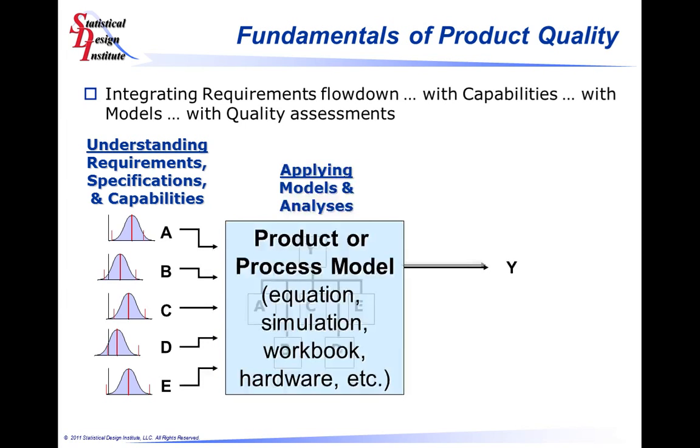Now, to analyze our response, Y, for this result that we're looking at, we need a model. The model can be an equation, it can be a simulation, it can be an Excel workbook, hardware, whatever it may be, but it is something that will allow us to manipulate the parameters, in this case A, B, C, D, and E, in order to predict what the Y response will be. And we'll assess our design using these models.